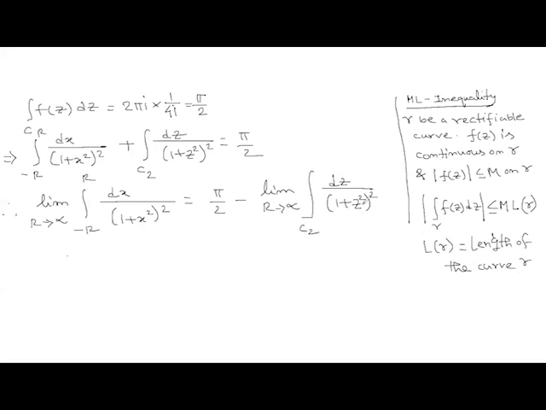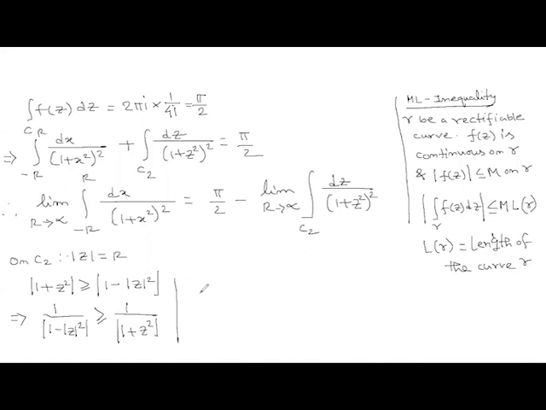Now we are integrating along C2. On C2, mod z is equal to R. Now if we apply the triangle inequality, then we'll get mod of 1 plus z square is greater than or equal to 1 minus mod z square. So from here we can write 1 by mod of 1 plus z square is less than or equal to 1 by 1 minus mod z square.